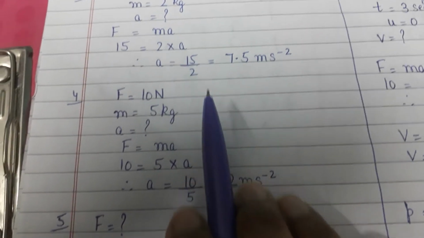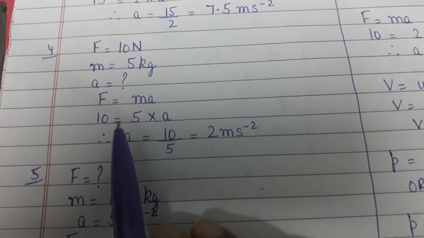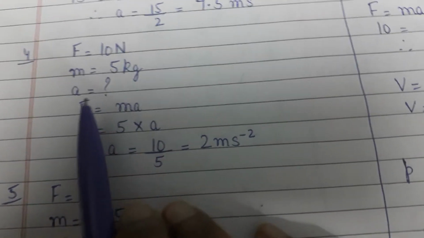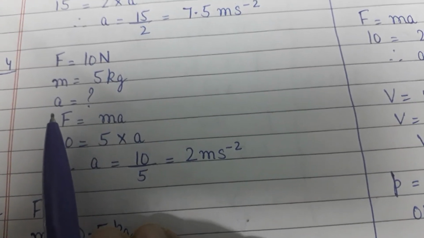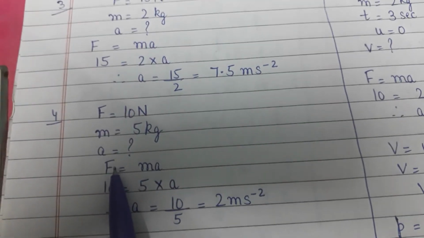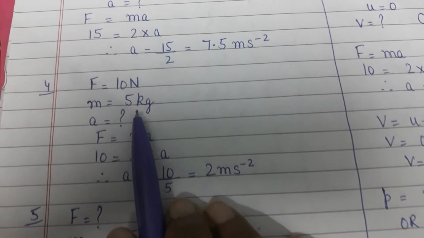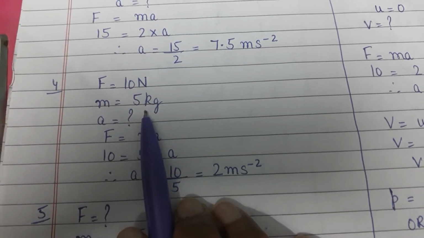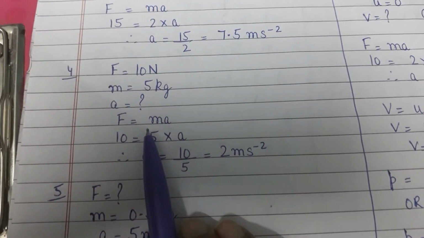The fourth numerical I read out, children. A force of 10 newtons is applied on mass 5 kg and you need to find out the value of acceleration.